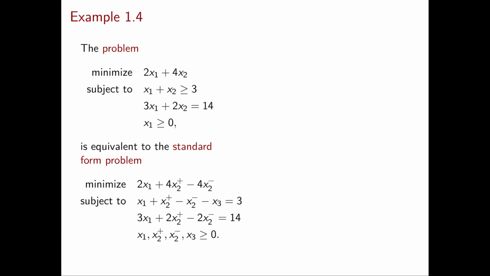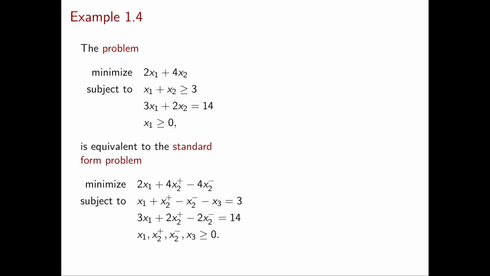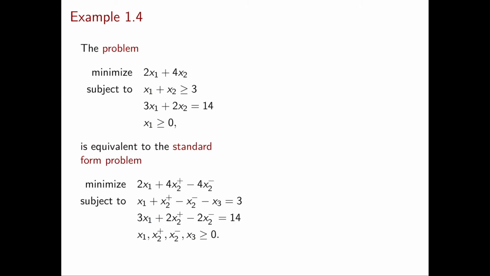So let's now take a step back and understand exactly what we've done. We took our general form linear programming problem and transformed it into a standard form problem using the rules that we just introduced. Intuitively, it seems reasonable that these two problems are, in a sense, equivalent.